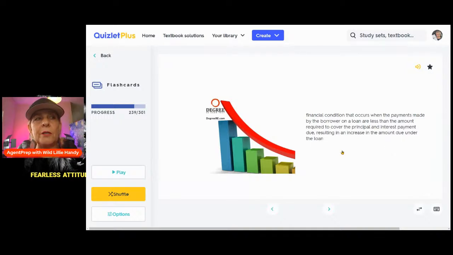So if they have a $100,000 loan, yet they don't make enough money to make the full principal and interest payment, the lender allows them to have a negative amortization for a certain period of time, yet the amount that they were not able to pay gets added to the end of the loan. So the loan keeps getting larger. The loan increases, but their payments are lower. We don't want to really do that, but it sometimes allows an individual to own a home.